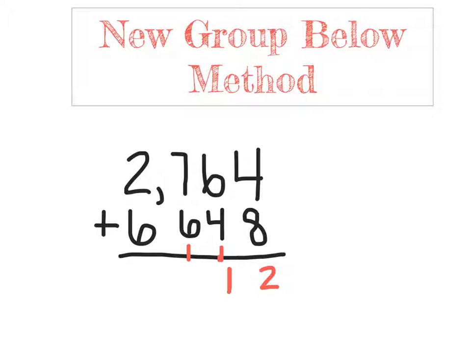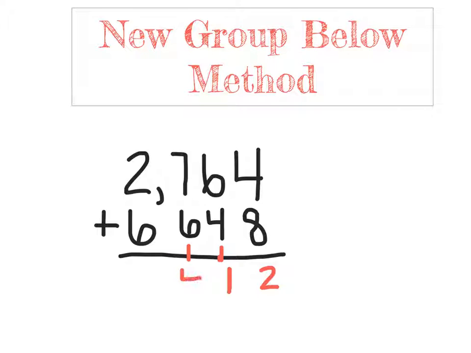For step 3 now, I add the hundreds place. So I have 7 hundreds, 6 hundreds, and then that 100 I just made. 7 plus 6 is 13, plus that new one I just made equals 14.